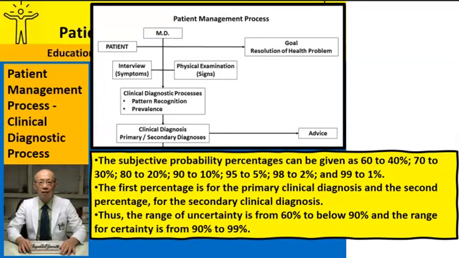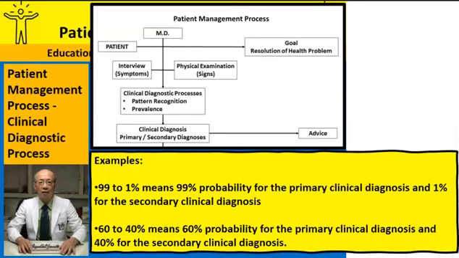The first percentage is for the primary clinical diagnosis, and the second percentage is for the secondary clinical diagnosis. Thus, the range of the uncertainty is from 60 to below 90, and the range for certainty is from 90 to 99%.